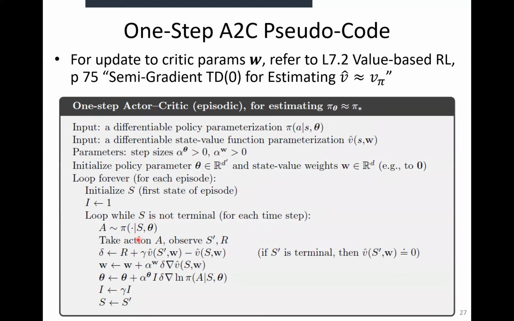First you compute the TD error, and then use the TD error in updating both the critic parameters W and also the actor parameters theta. The critic parameter update is based on the least squares minimization we just showed in the last lecture.